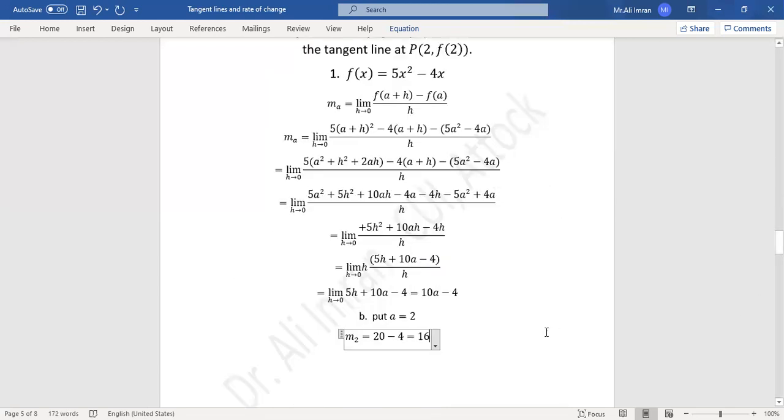Now we have to find the equation of the tangent line, and its formula is y minus y1 is equal to m, here m is equal to m of 2, times x minus x1.